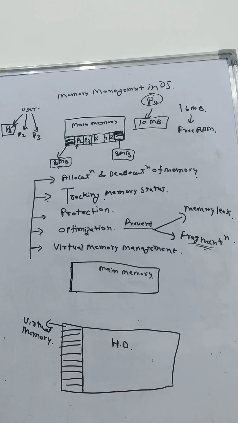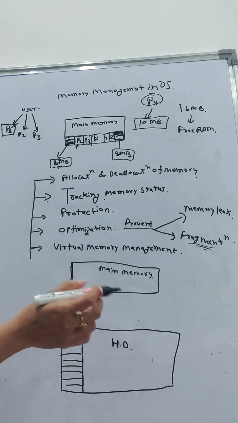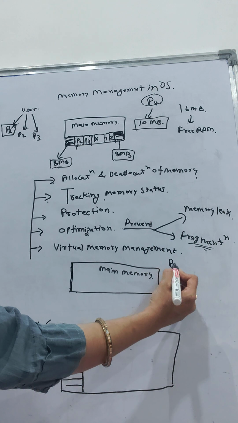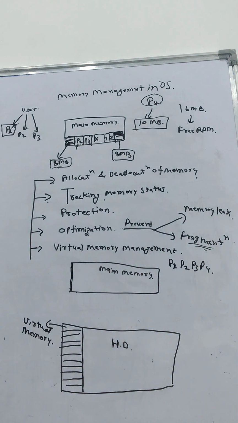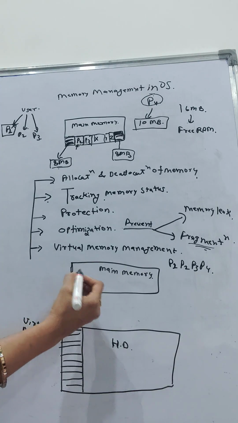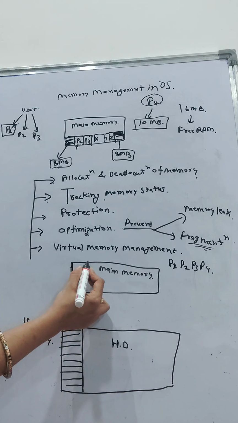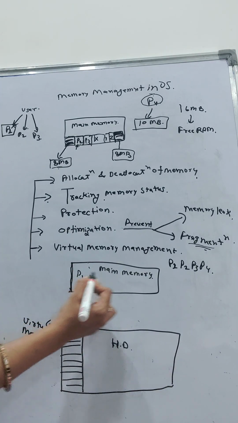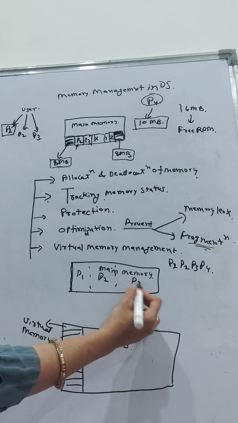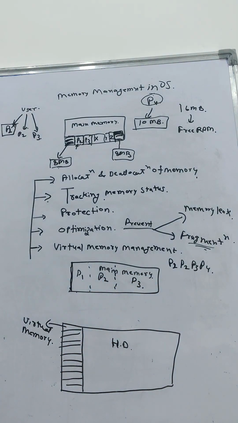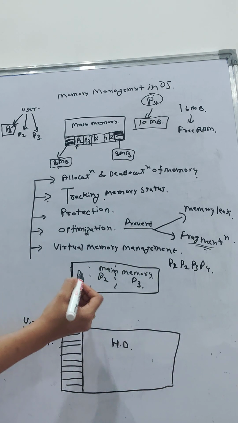So suppose the user is running multiple applications P1, P2, P3, P4. Suppose in this area P1 is running, P2 is running, and here P3 is running. Now P4 will come into the main memory. So what will the operating system do?